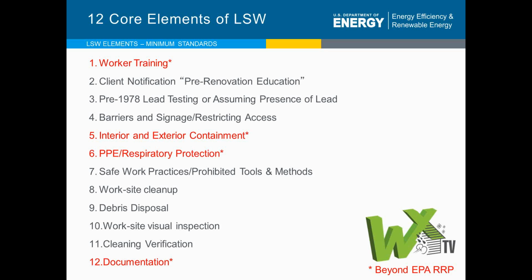The next question is, is the rule prior to 1978, or is 1978 included? That's a question that's often asked. It is pre-78. I do know of some groups that are including 78, but the rule says pre-78.